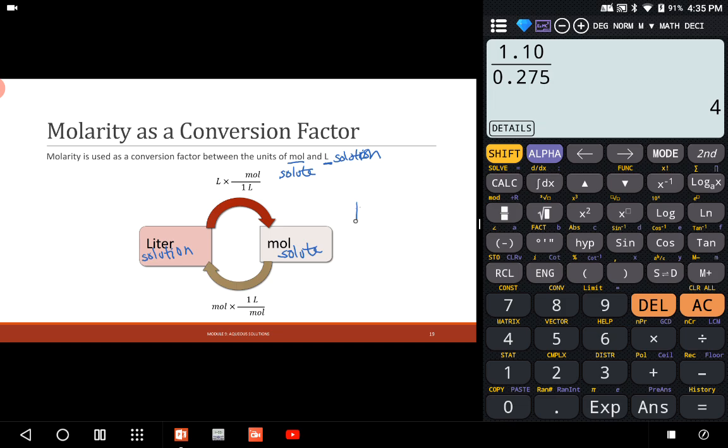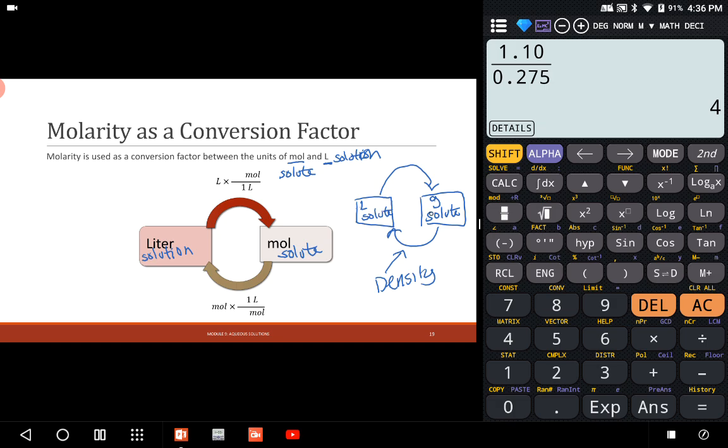So just as a review, or to distinguish it from density, if you had a volume of your solute and you're trying to go to grams of your solute, then you would use density as your conversion factor to do that unit conversion.